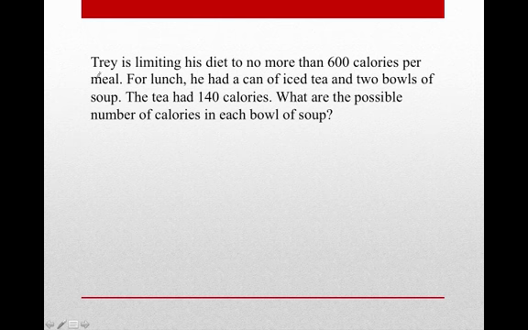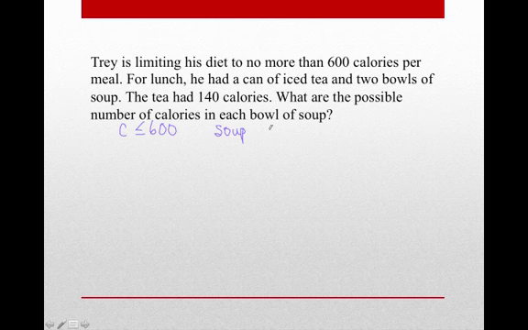So I know that my total calories have to be less than or equal to 600 for this meal. My soup is going to be twice those calories because I'm having 2 bowls of soup.